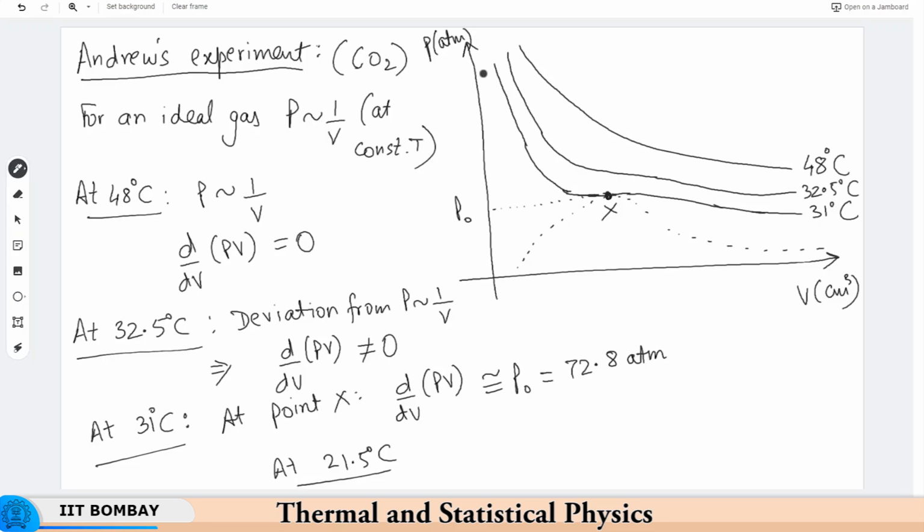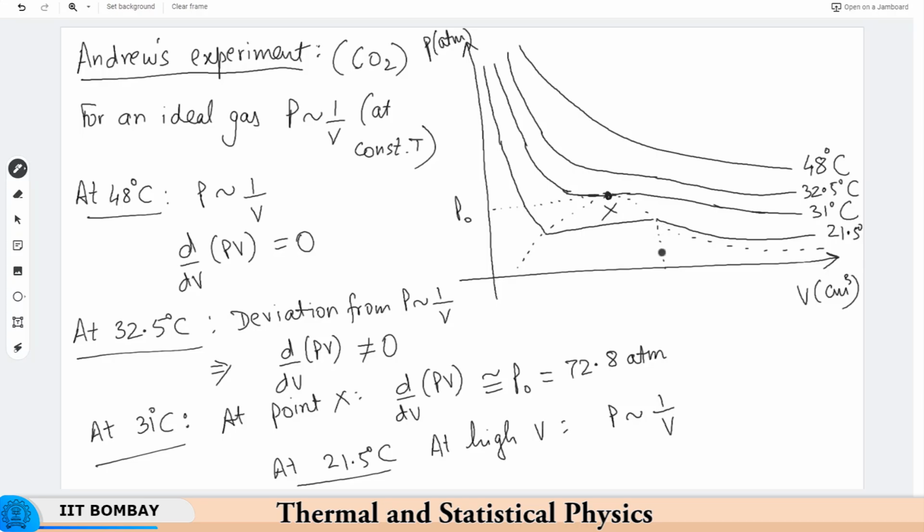And when he lowered the temperature even further, say at something like 21.5 degrees Celsius, what he saw was that this isotherm basically became flat, and then it decayed. At 21.5 degrees Celsius, he saw that above a certain volume, at high V, the P scaled inversely with V as expected.